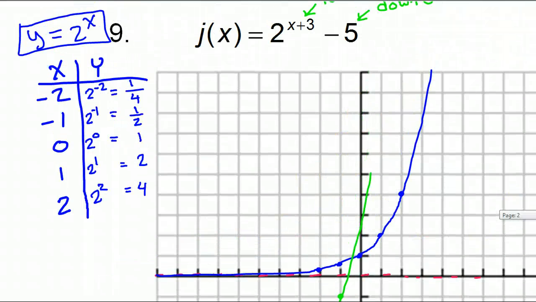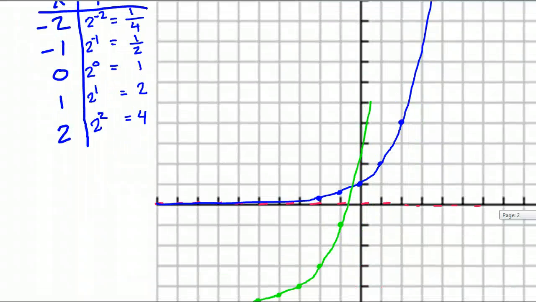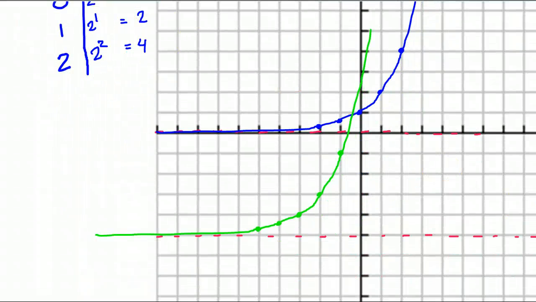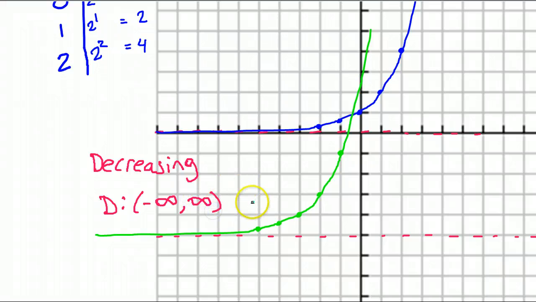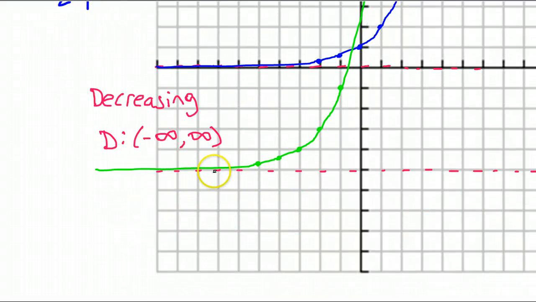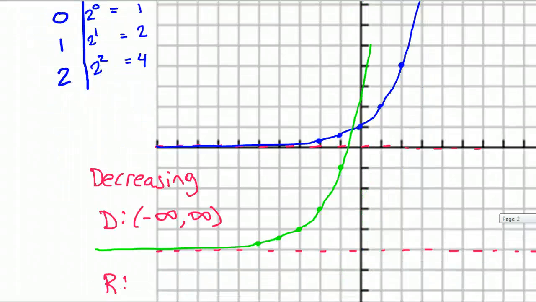Okay, we are on number 9. If anybody's trying to watch this video: this graph is decreasing. The domain is negative infinity to positive infinity. The range goes from the asymptote up, so the range is going to be from negative 5.